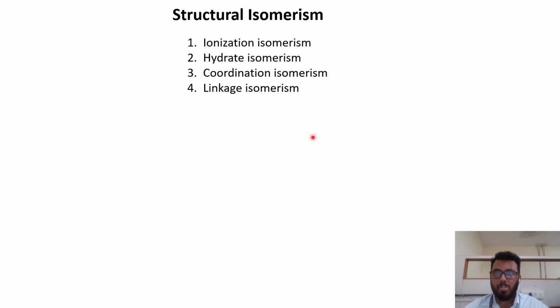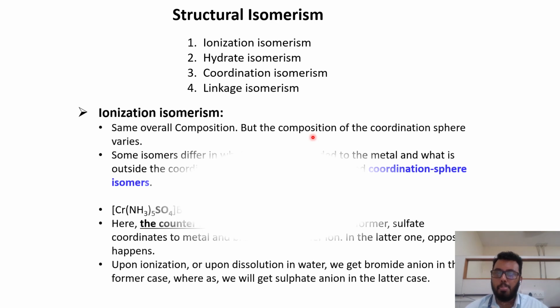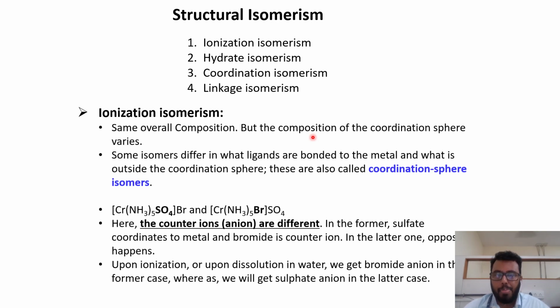We will also discuss other types of isomerism in organic compounds in unit 3, but you shouldn't confuse coordination isomerism with the isomerism in organic compounds. Okay, now let's move on to the examples and what is meant by ionization isomerism.